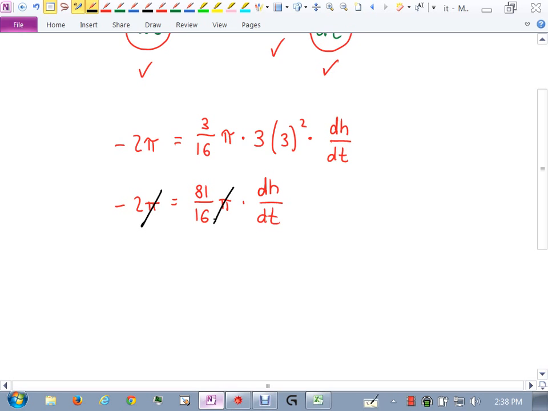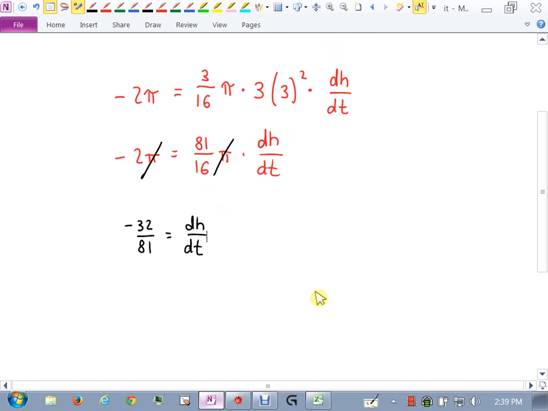And then multiply by the reciprocal. I'm getting something like negative 32 over 81 equals dh/dt. What is that as a decimal? 0.395, yep. Negative 0.395 is dh/dt.